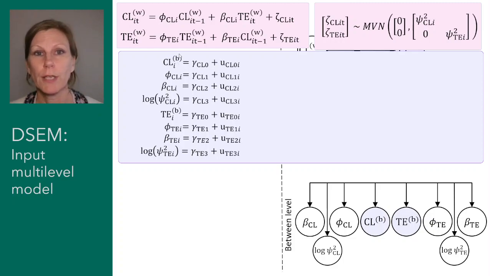We already had the means per person. From the decomposition we had the random slopes, and now we also have the log of the residual variance. This is also true for the other variable. Then for each we estimate the grand mean across all individuals, that's the gammas, and there's an individual deviation from this grand mean, indicated with this U.